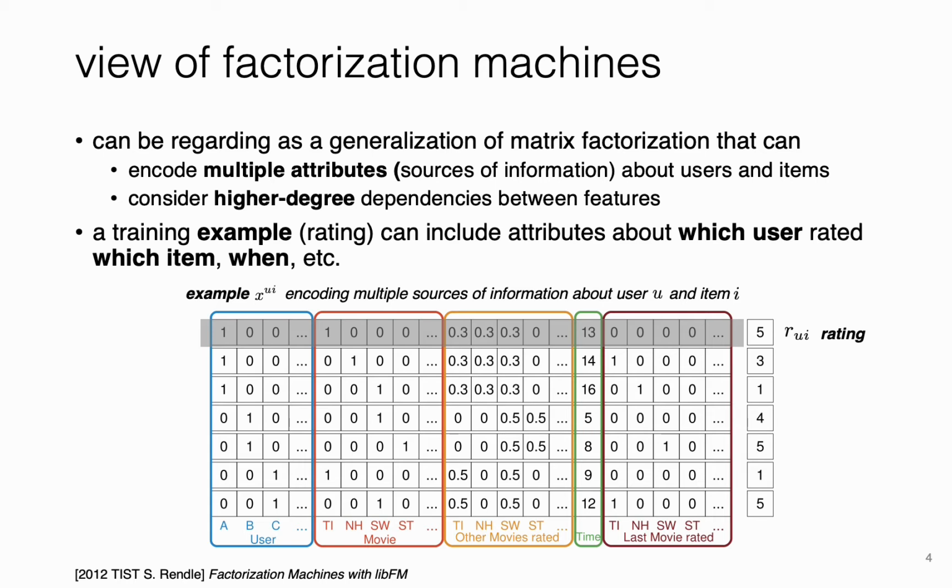In the highlighted first row, we see that user A has rated movie TI, which stands for Titanic, with a rating of 5 stars. Moreover, the user has also watched the first 3 movies listed, TI, NH, and SW. The last movie rated is not shown here.